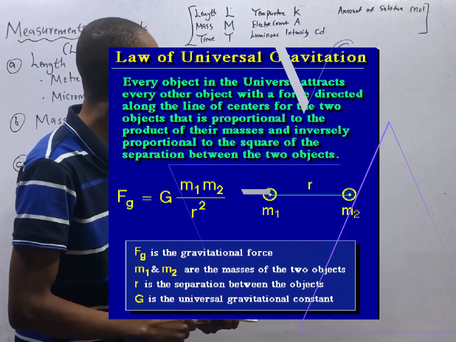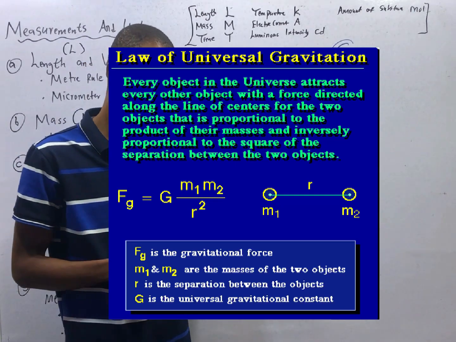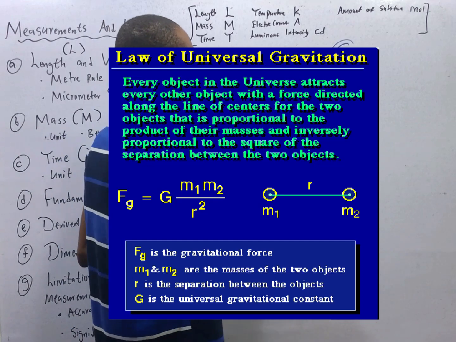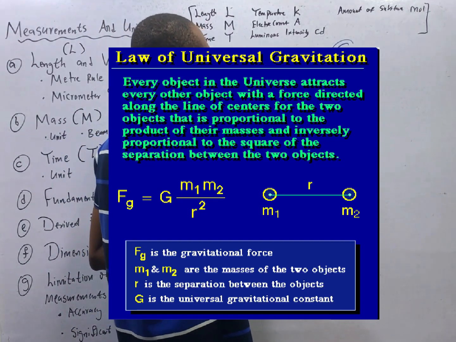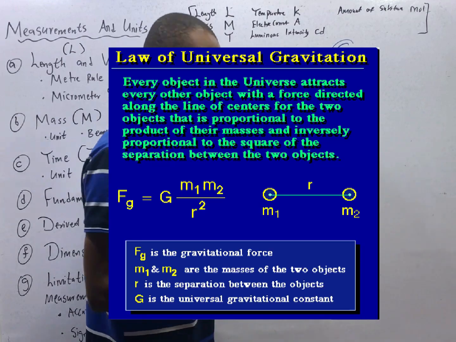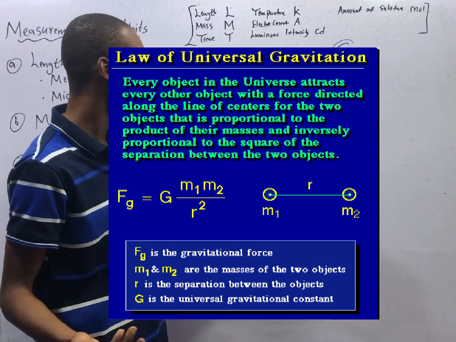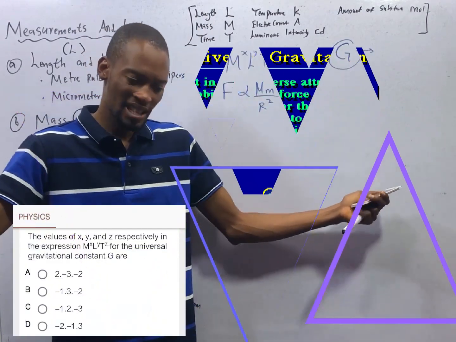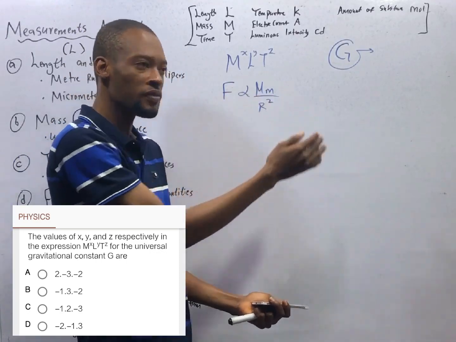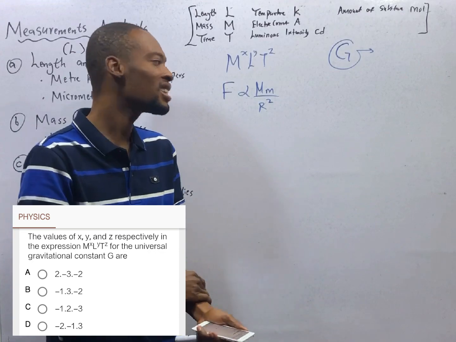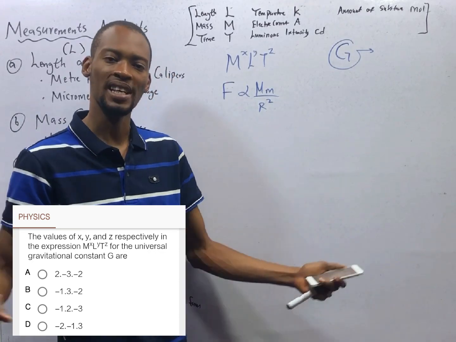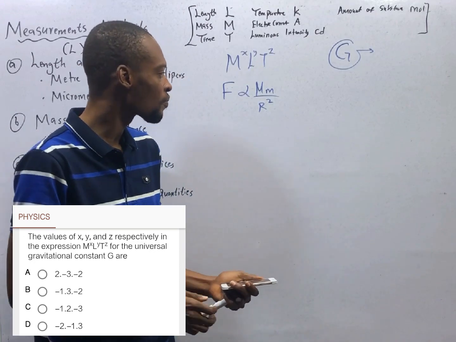Force is proportional to mass times mass over distance squared. Or you can say big M and small m, or M1 and M2.